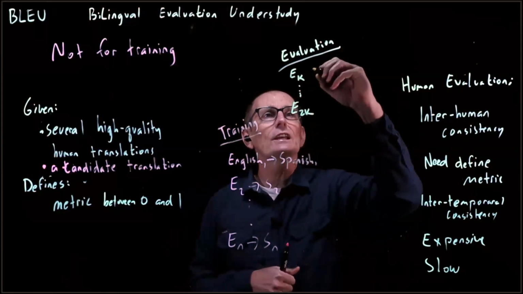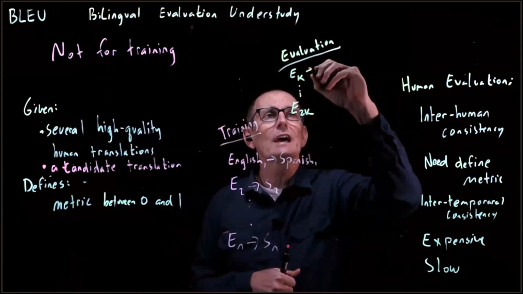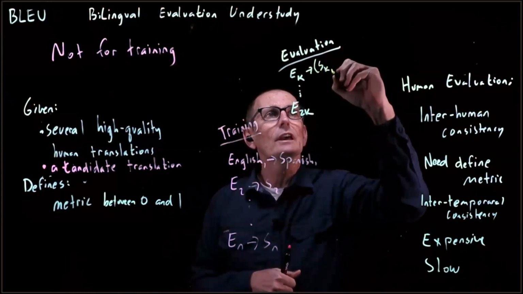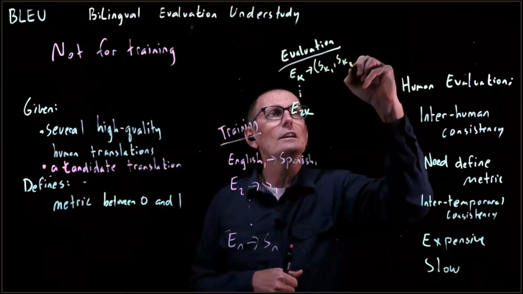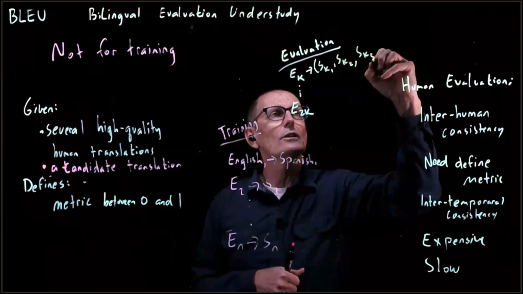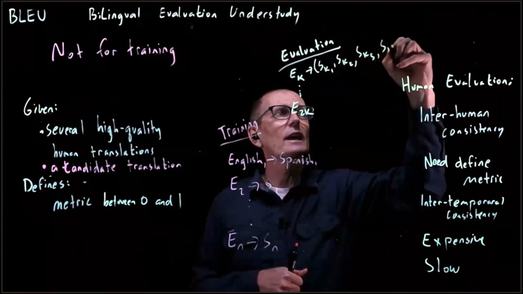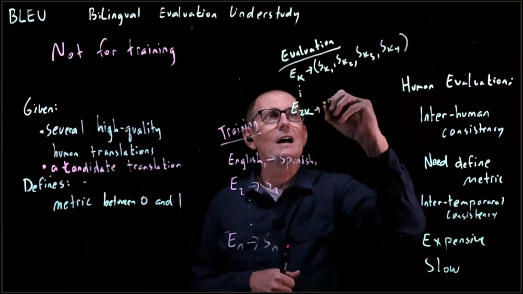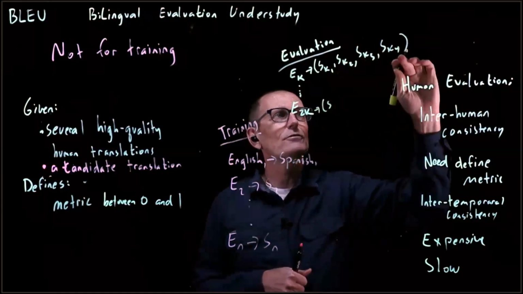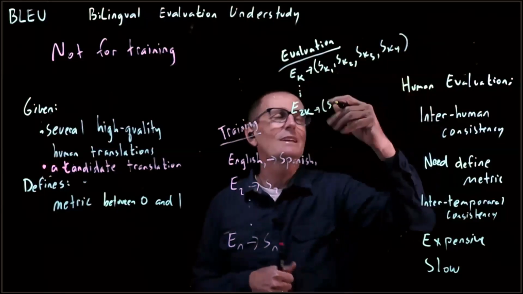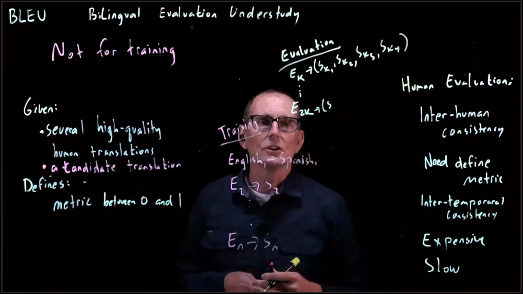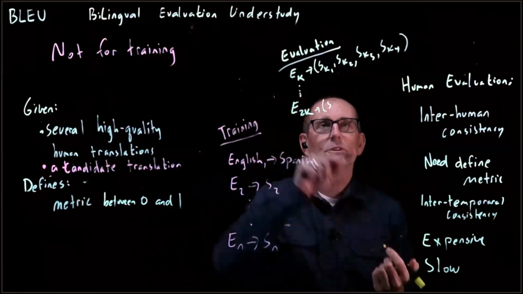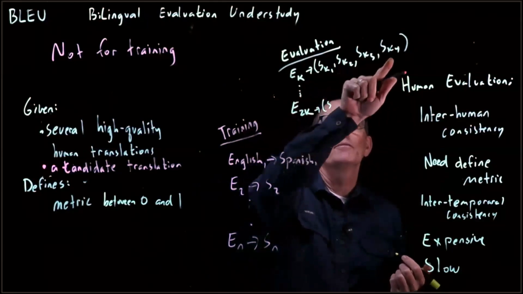And then for each English sentence, we're going to have a set of K1, K2, K3, maybe K4. So this one has 4 candidates. Let's just say they all have 4. So we have English and we have 4 possible translations, each of which were done by a human.